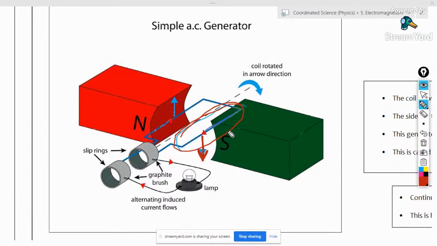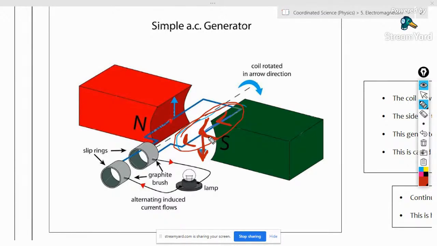You don't need to know the right-hand palm rule for generators, only for motors. So last week when you learned that, you won't even need it. But let's just say, using the right-hand palm rule, if we point our fingers from north to south, and then point our thumb downward, you'll see that the palm of your hand ends up pointing in this direction that current is flowing. So in this side of the wire, current is flowing in this direction.